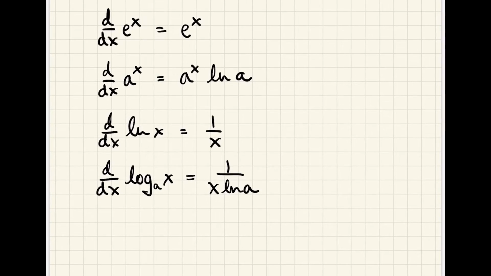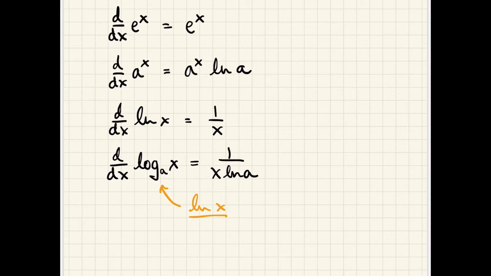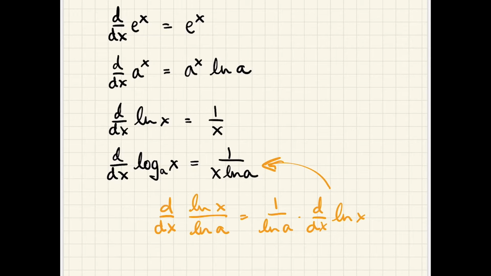That one's actually really easy to prove. I'm not going to go through a full thing, but you simply use the change of base formula to write this as ln of x over ln of a. So the derivative of this thing is like 1 over ln of a times the derivative of ln of x, which is 1 over x. And so we arrive there.